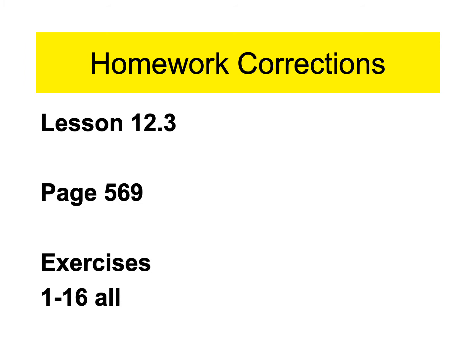Number four, negative 1 comma 4. Number five, negative 1 comma 6. Number 6 is negative 7 comma negative 1. Number 7 is 3 plus 2 root 5 or 3 minus 2 root 5.